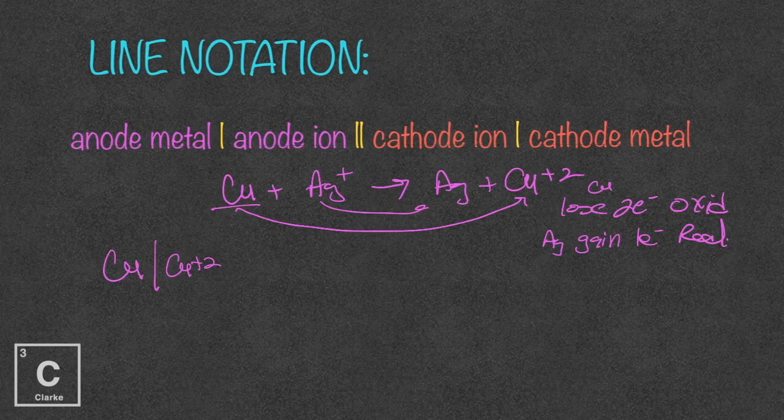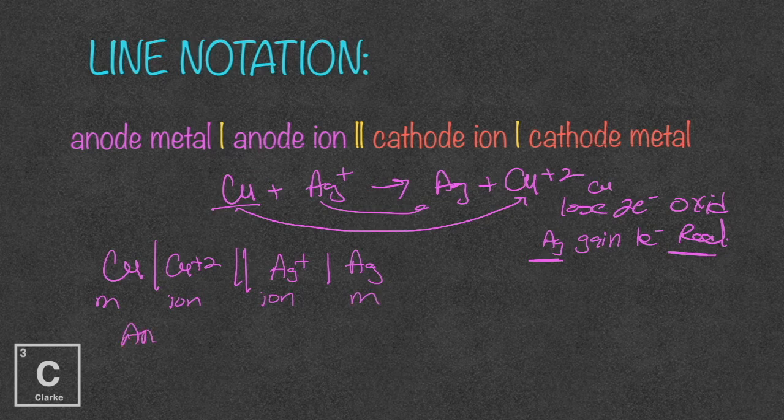Because your oxidation is going to go together. Then you're going to do double lines, and then you need your cathode ion. Well, your cathode ion, that's your reduction. Reduction is silver, and our ion is the Ag+, and then one line and the cathode metal. So it's always going to be metal, ion, ion, metal. It's always going to be the anode and then the cathode. And that's just a little shorthand to show what's happening in the cell, what's the oxidation, what's the reduction, because anode's always oxidation, cathode's always reduction.